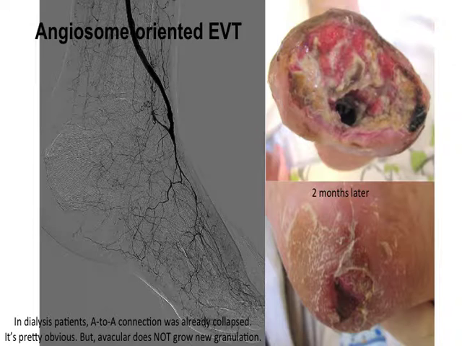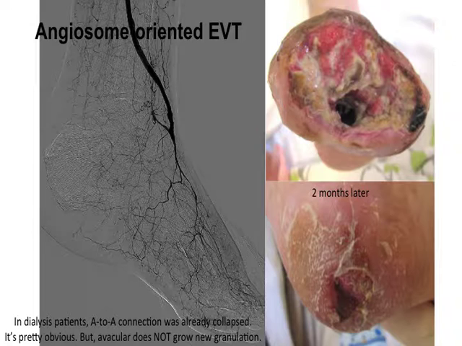Therefore, if the patient receives a successful bypass surgery, you can see good granulation at the dorsal side, but we cannot see good granulation at the plantar side. This is the aneurysm concept. It's very simple: good blood flow supply, great granulation; no blood supply, no wound healing.